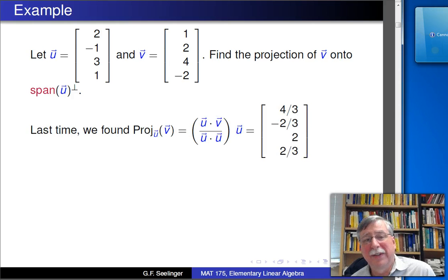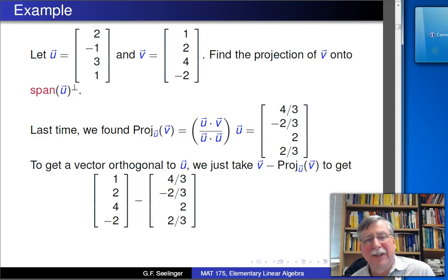So first thing we do is project v onto u, and I get that light blue line. Again, this is just a scalar, and when it reduces, it's going to be 2/3. And so to get a vector orthogonal to u, we just take that difference and we get that red line.